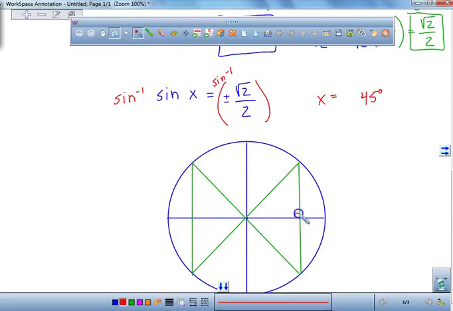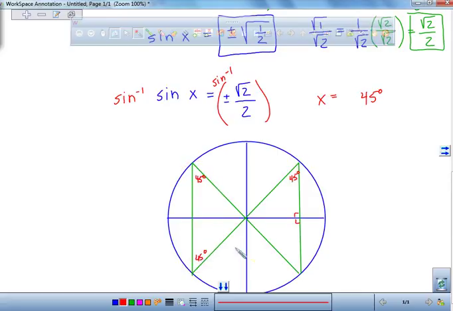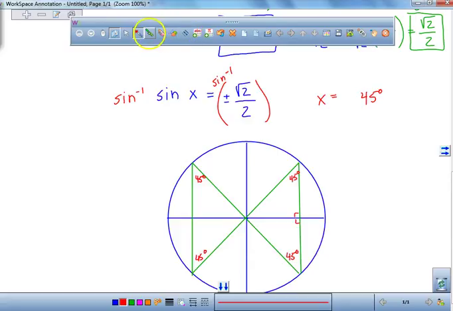So in these right triangles right here, you are at 45 degrees. This angle right here is 45 degrees, this is 45 degrees, and this is 45 degrees. Okay? In the unit circle, whenever you're at plus or minus radical 2 over 2, you are at 45 degrees right here.